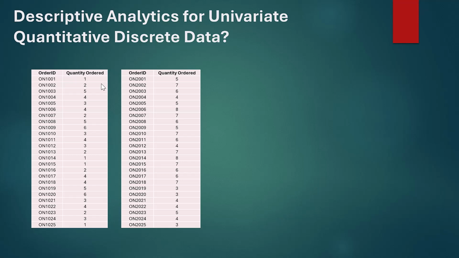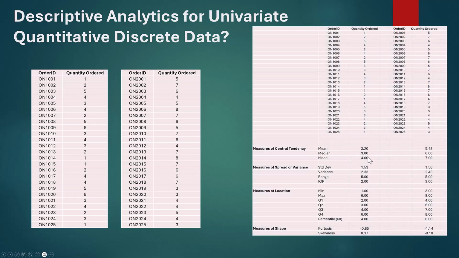There's 6 unique values here, maybe 6 unique values here. Now all these summary measures that we learned, we can apply all those summary measures to this as if this was continuous. So all the formulas we used for mean, median, mode, variances, ranges, kurtosis, skewness, we can apply them here as well.